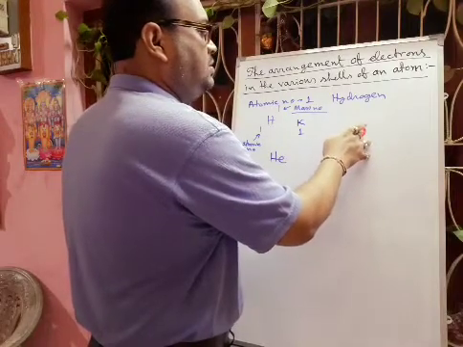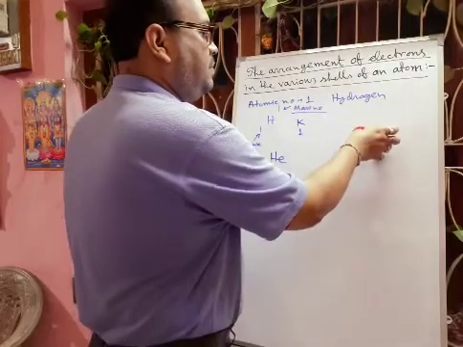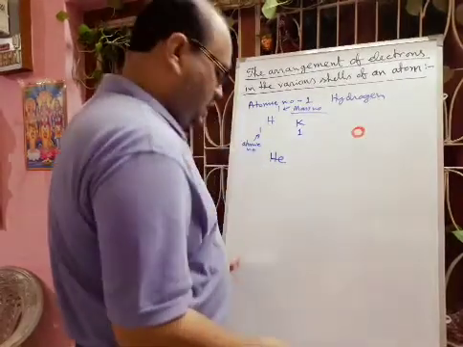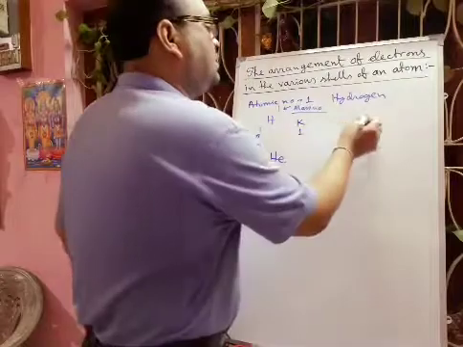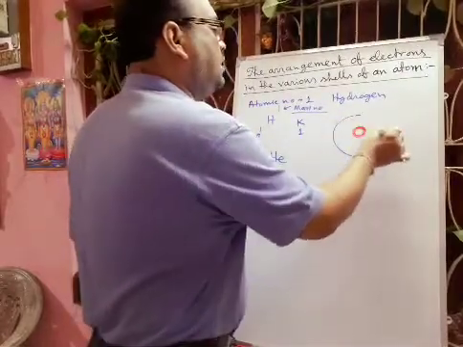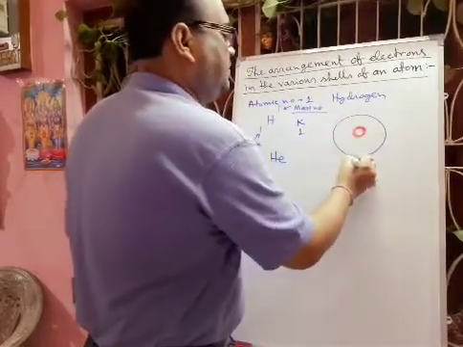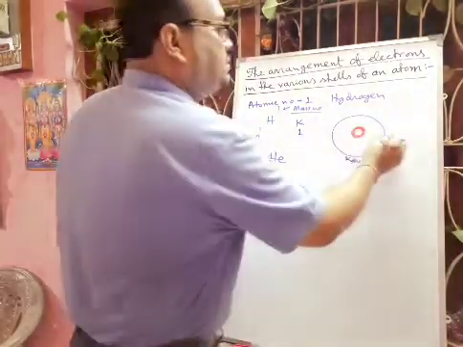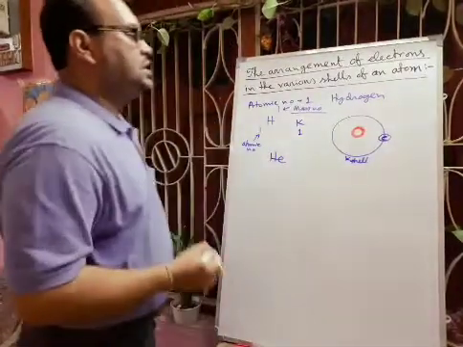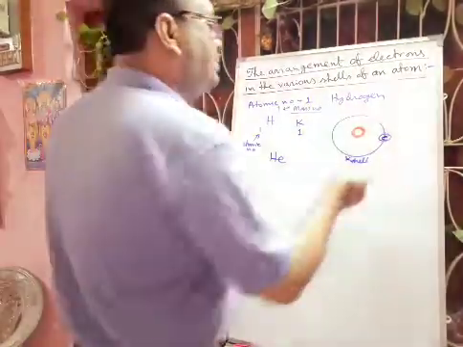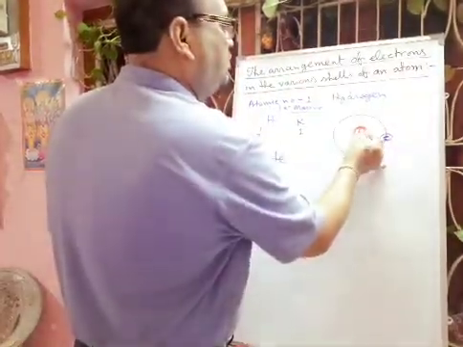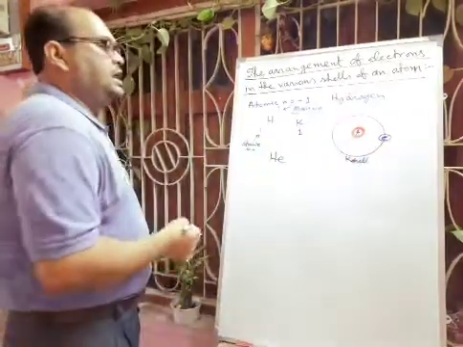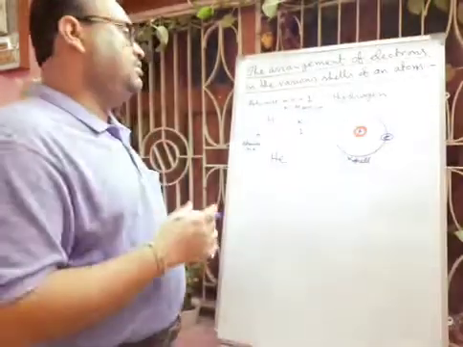And this is the orbit, that is the K cell. In the K cell there is only one electron, and inside the nucleus there will be only one proton. This is the diagram of the hydrogen atom. So this diagram also you have to practice.